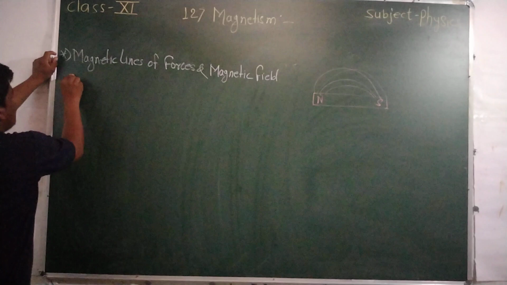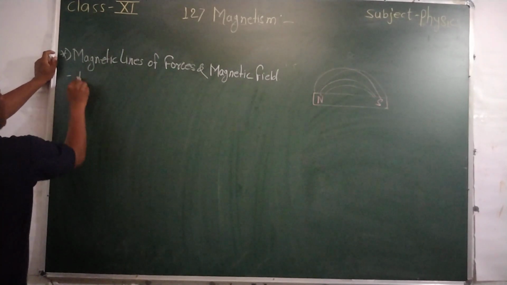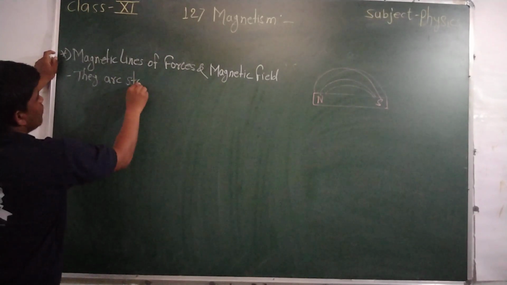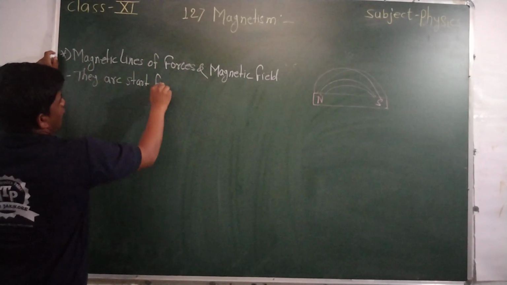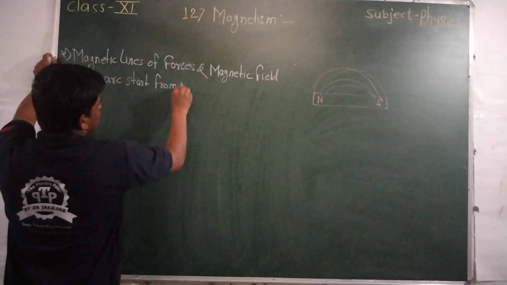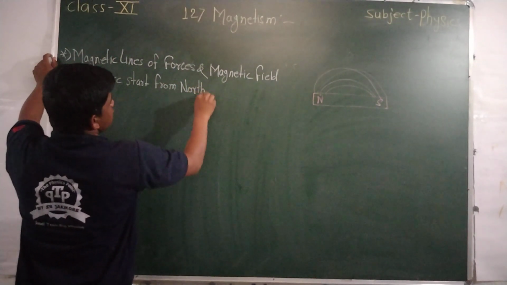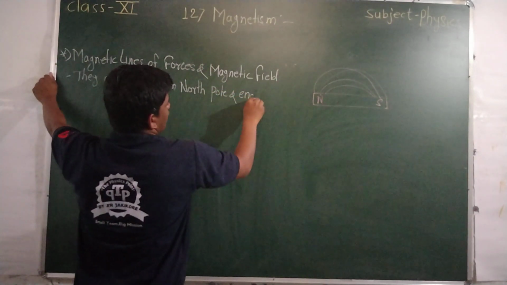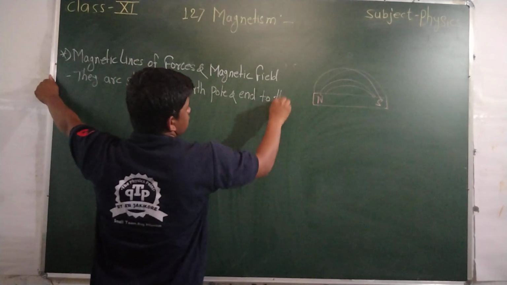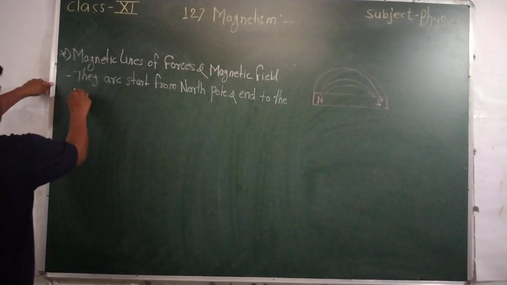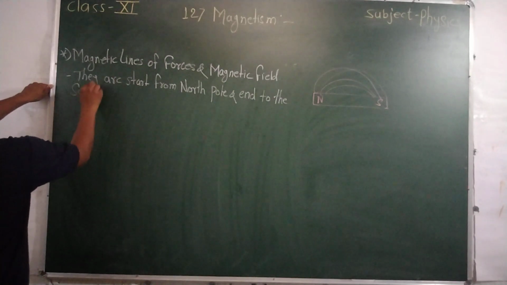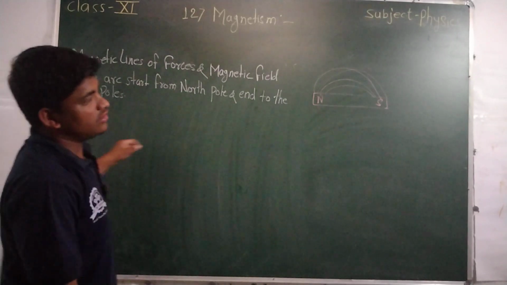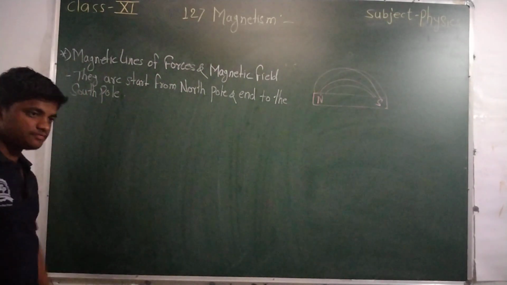The magnetic lines of forces start or originate from the north pole and end at the south pole. They start from the north pole and end at the south pole.